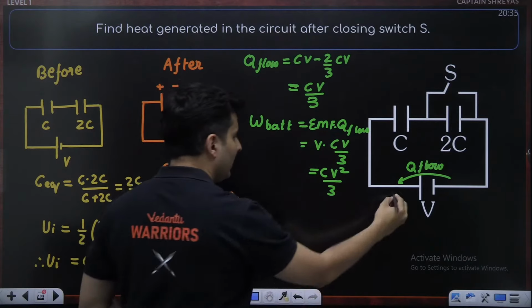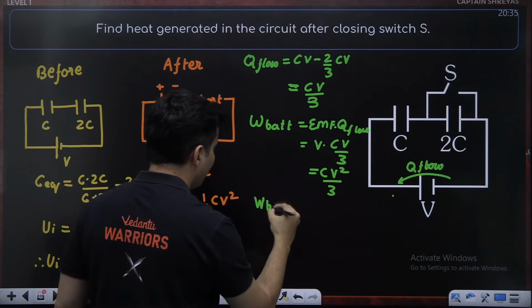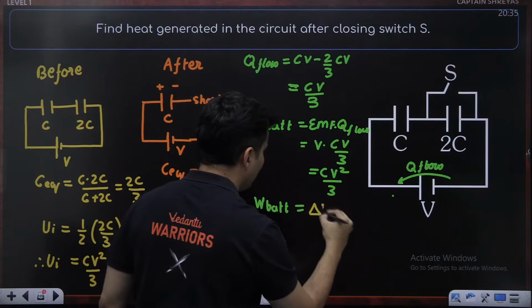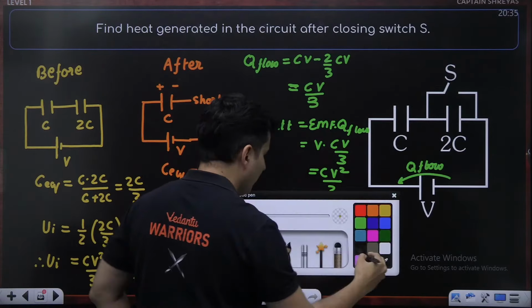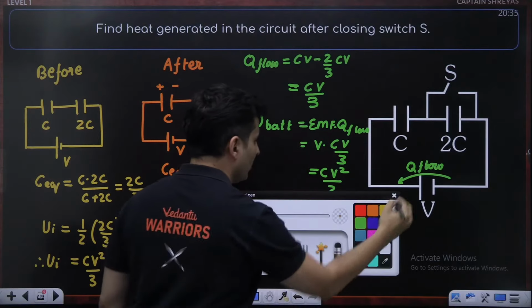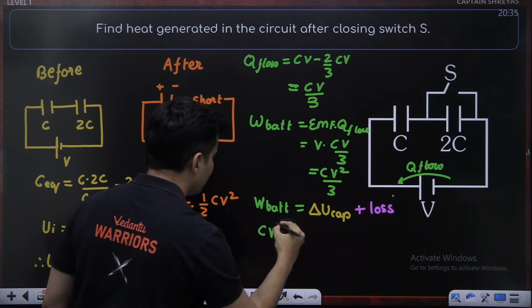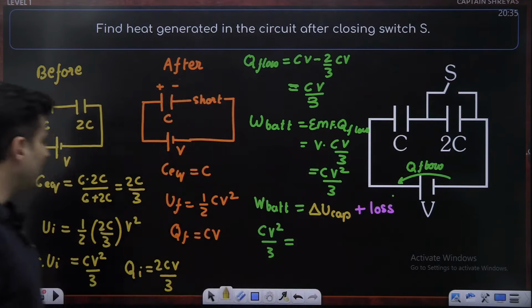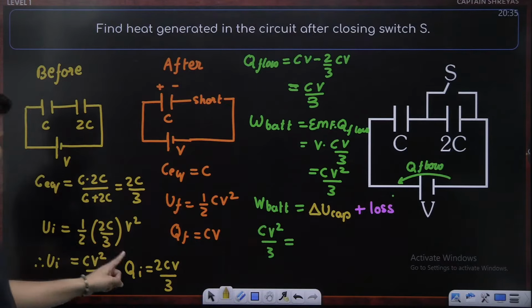And now we know the equation. The work done by the battery is nothing but the change of the energy in the capacitor plus the loss which you encounter. So the work done by the battery is CV square by 3. Correct? What is the change in the energy of the capacitor? Final minus initial.